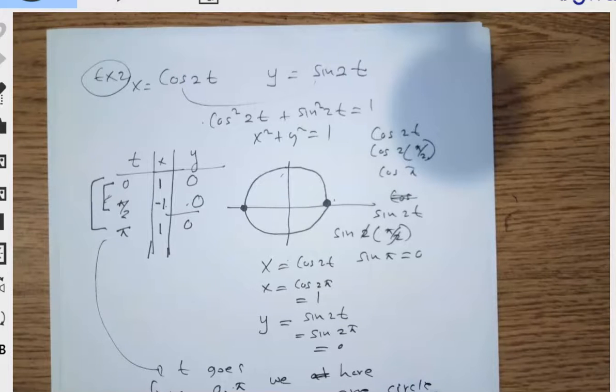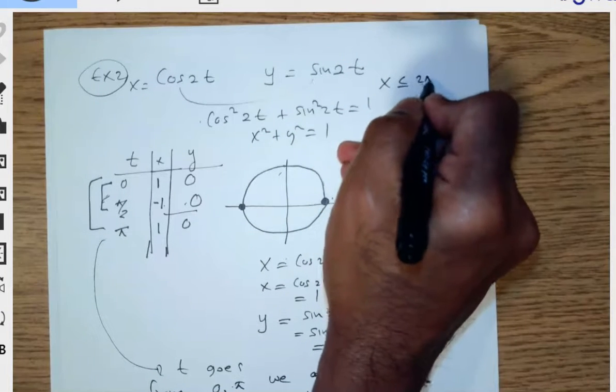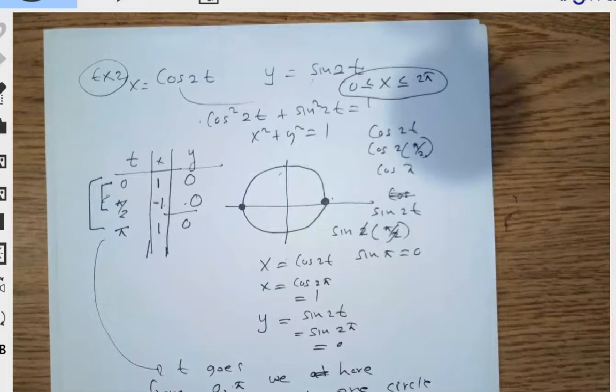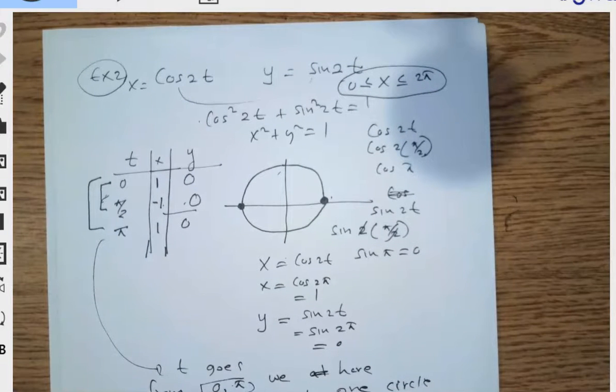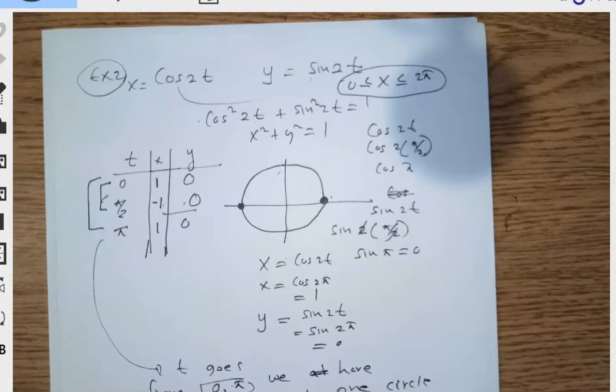So if you go from 0 to 2 pi, I'm sorry, I should have written that before, right? If you go from 0 to 2 pi, what do you think will happen? 0 to pi, one circle. So between 0 and 2 pi, the curve goes around the circle twice.